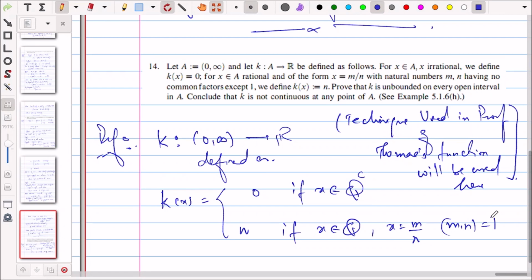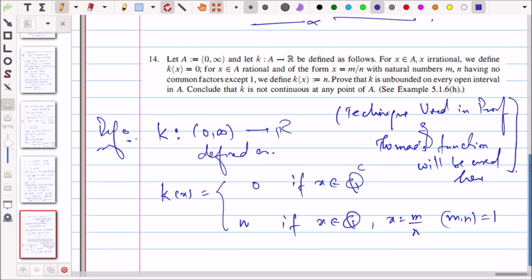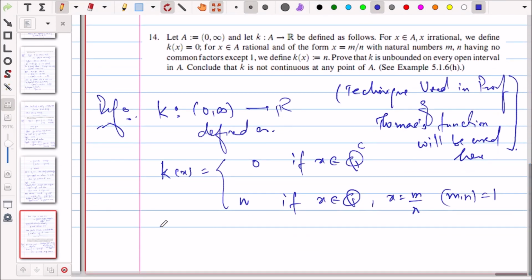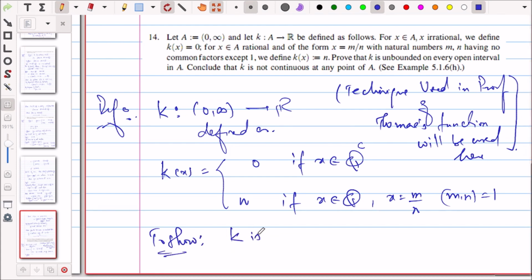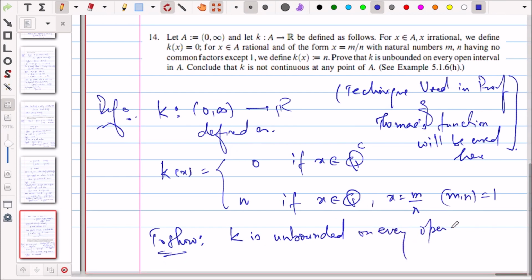So we have to prove k is unbounded on every open interval in A.